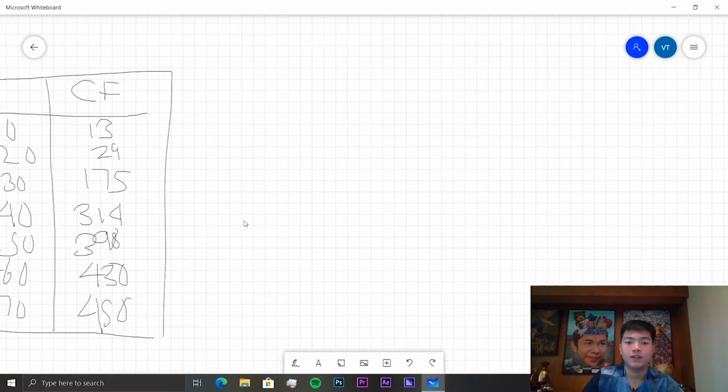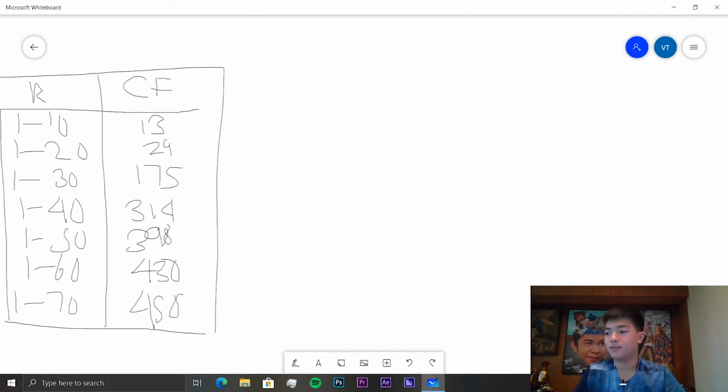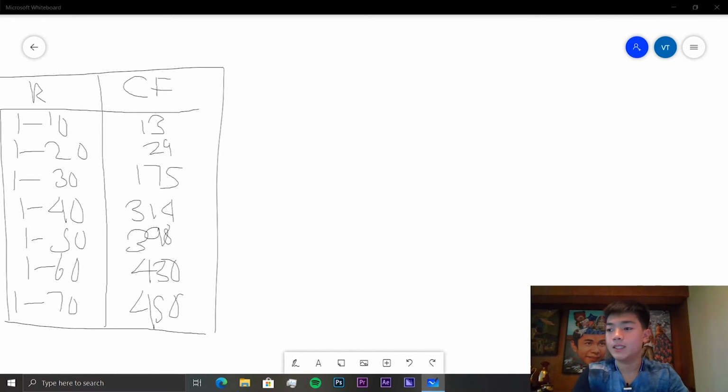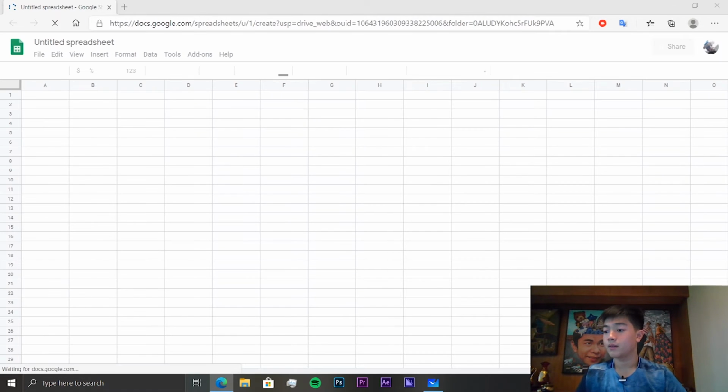So if we plot this on a curve, actually, let's just get some Google Sheets open. I'm tired of doing this non-super mathematically.